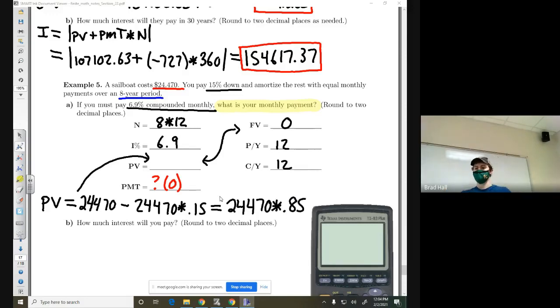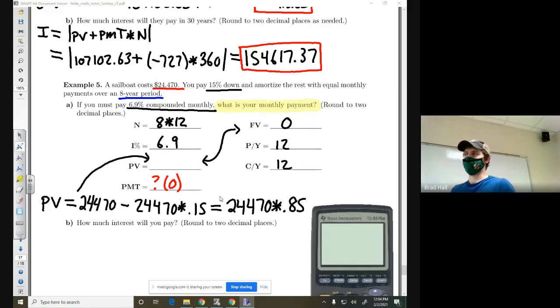You might be thinking, where in the world did I get 0.85 from? Think about it this way. I'll convince you all pretty quickly. 15% is the down payment. So what is not the down payment?